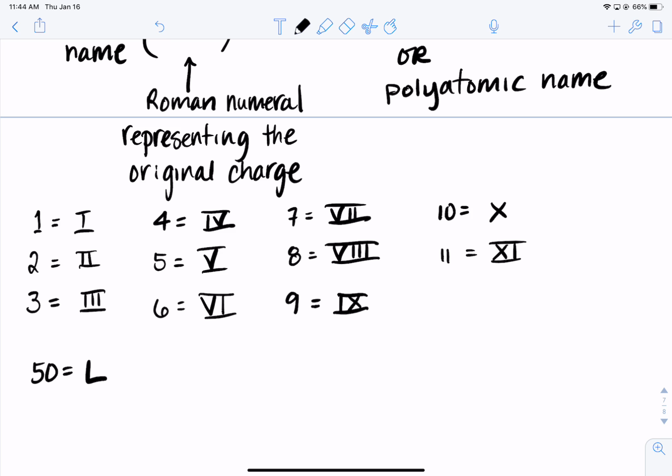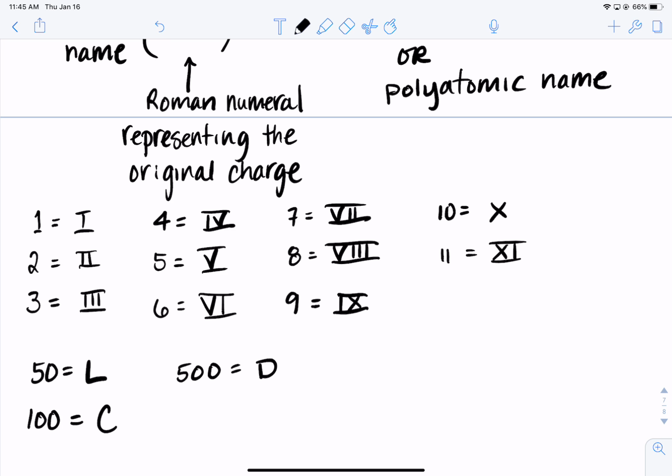It would be LX. All right, so 50 is L. 100 is C, like century. And then 500, because what would 200 be? It'd be CC. What would 300 be? CCC. But then you get to 400 and 500, so 500 is D.